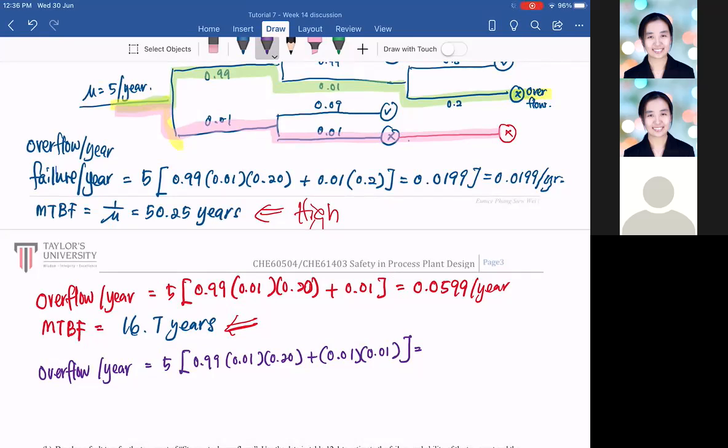So now we have 0.001298. Oh, sorry, I forgot to times 5. So now we have times 5, 0.00649 per year.